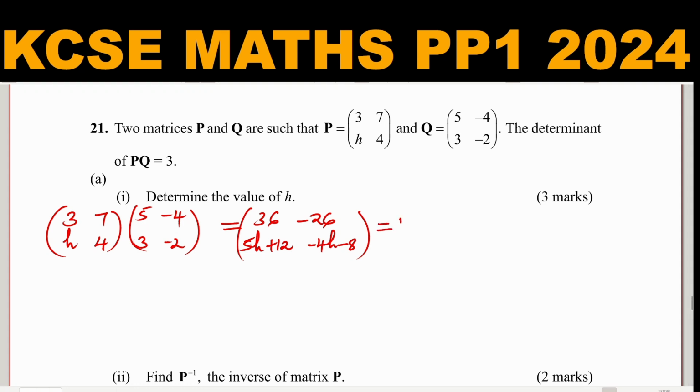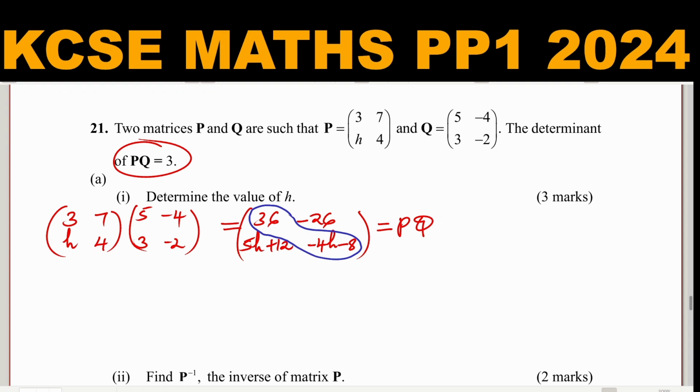Now you are given that the determinant of that product is 3. So you know how you get the determinant of a 2 by 2 matrix. You get the product of the diagonal.